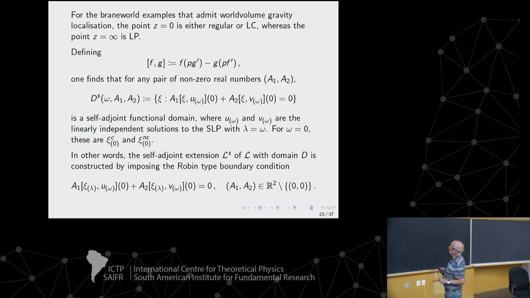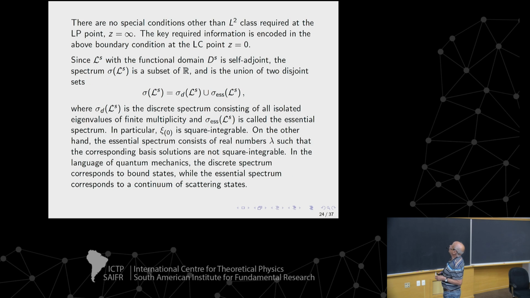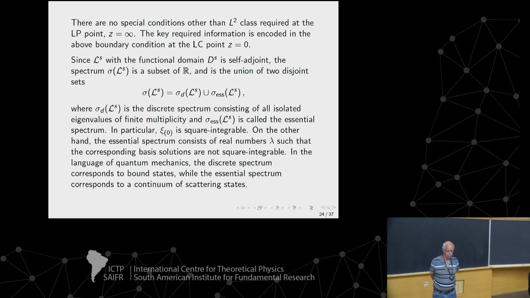Okay, so we have a condition and a language, and there are no special conditions other than L2 normalizability at the infinity limit point. And the key required information that you need then is the limit circle point at z equals 0.